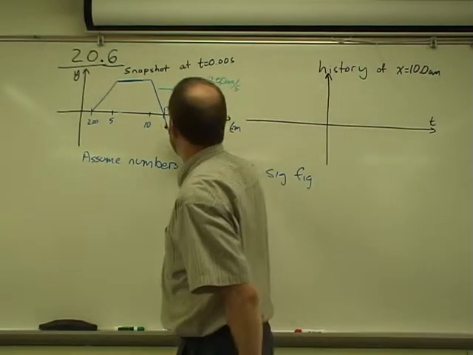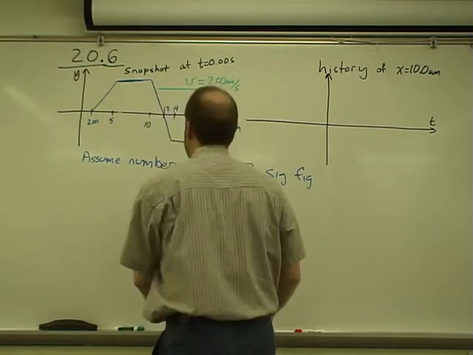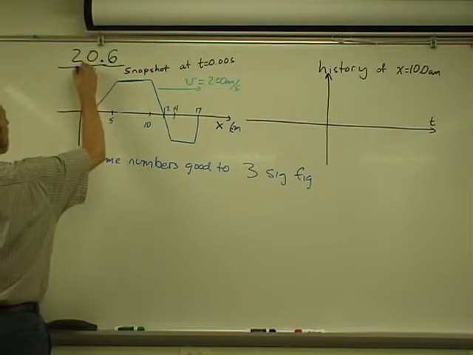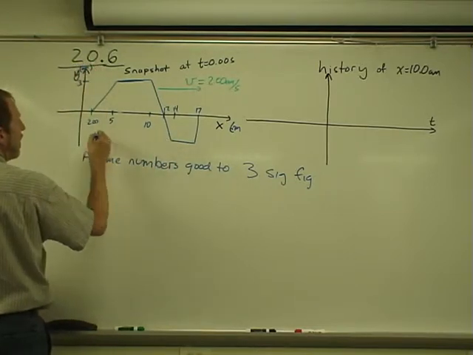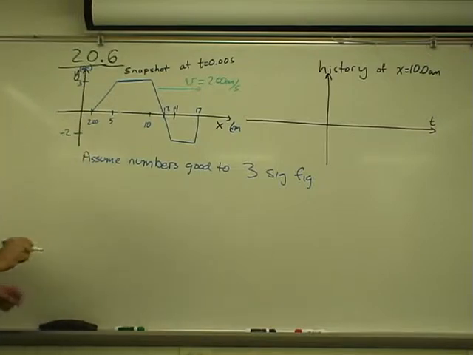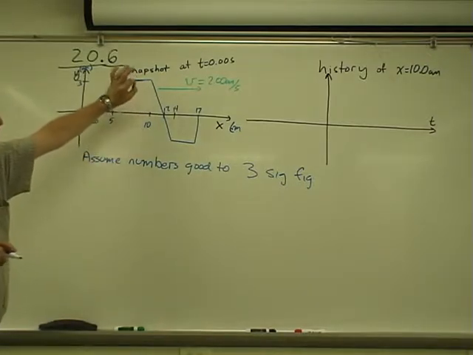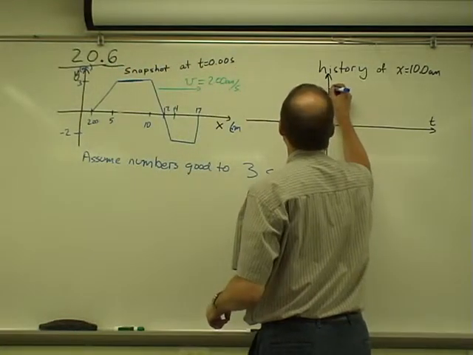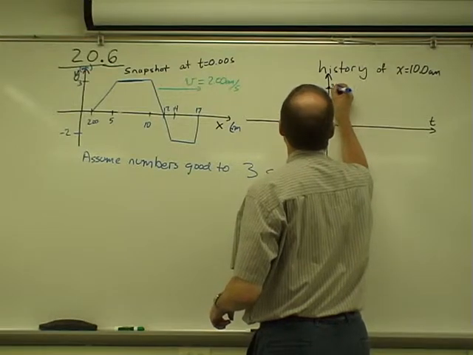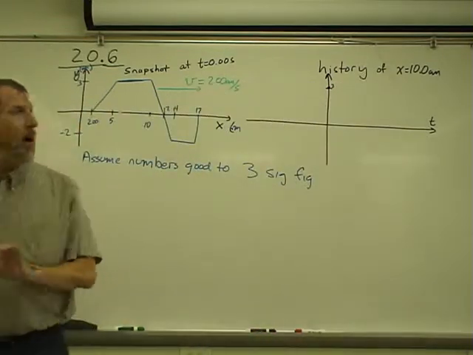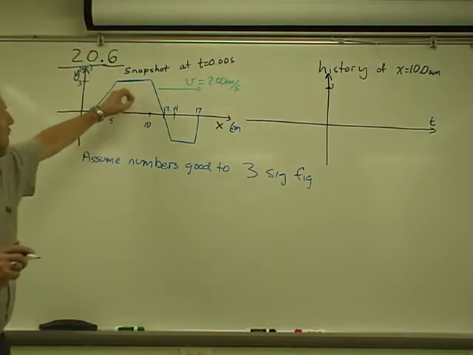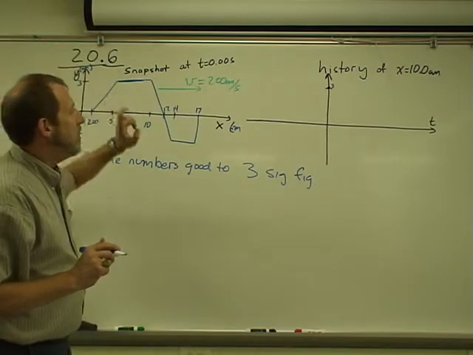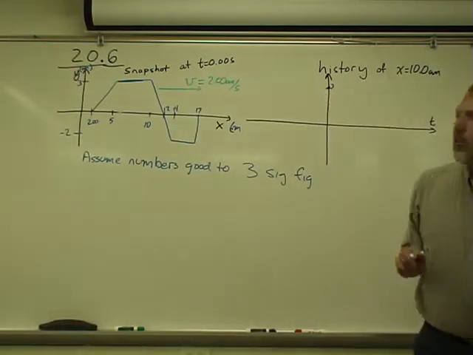Well, at this instant, I need to make some guesses. Let's say that's plus 3, in centimeters as well, and call that minus 2. So at t equals 0, the instant this was taken, the displacement y is at 3 centimeters. Now, constructing that, let's look at what was happening.